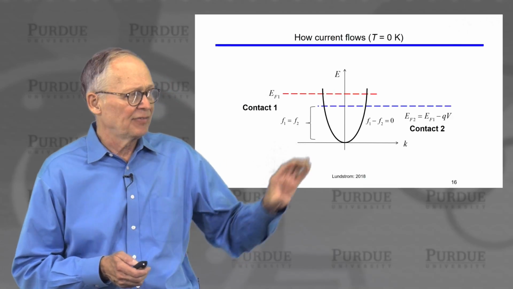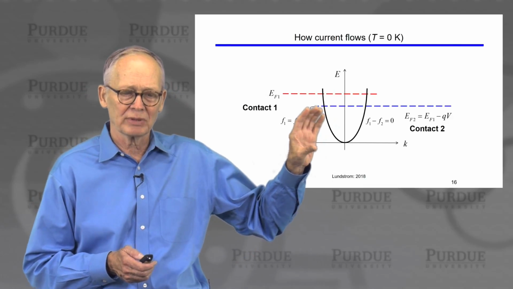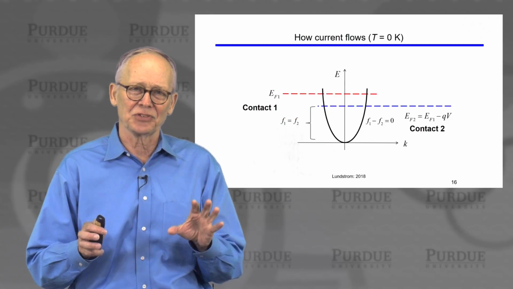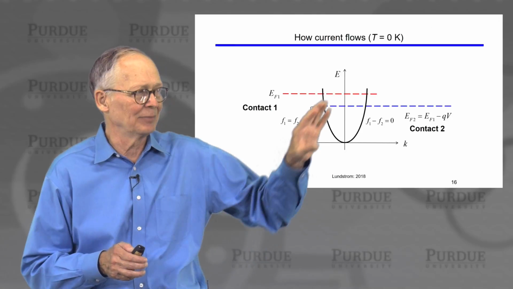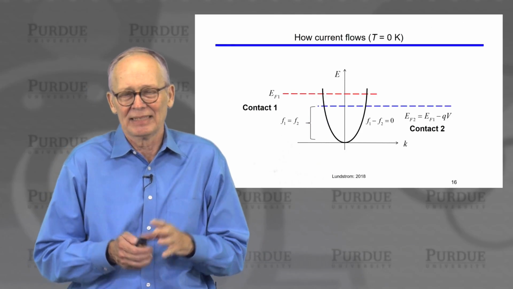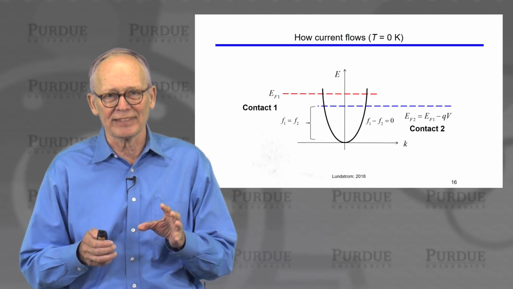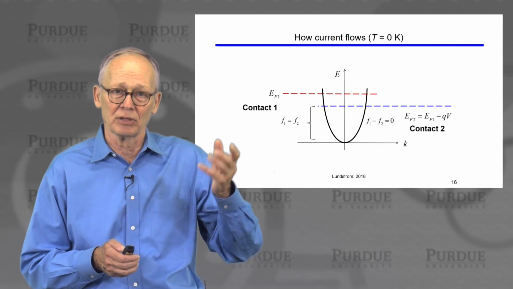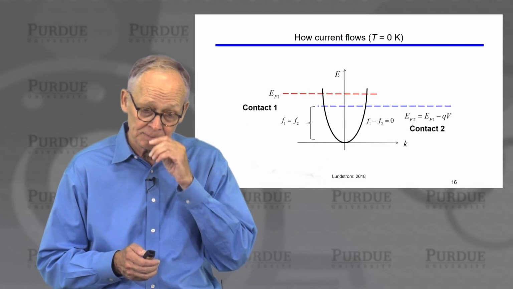Okay. Now, if I look at the energies below the Fermi level of contact 2, and just for simplicity, I'm going to think about this happening at t equals 0, because it makes it a little easier to see what's happening. All of the states below the Fermi level want to be filled. All of the states above want to be empty.